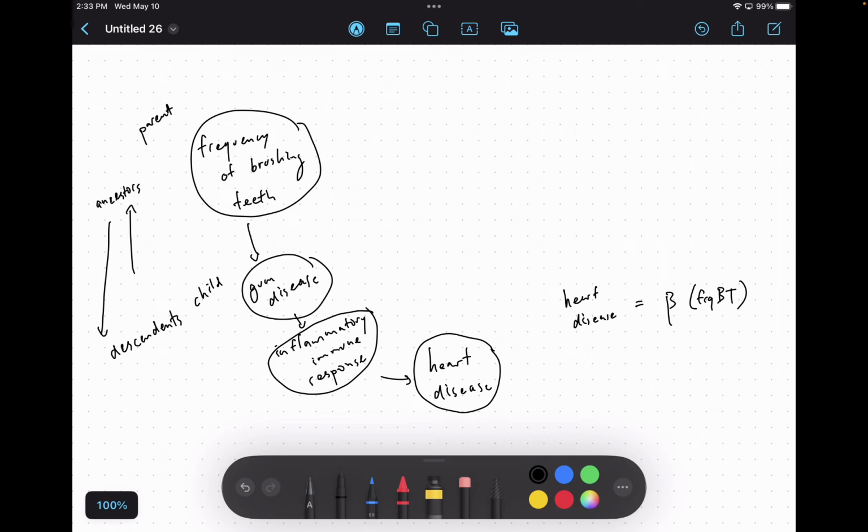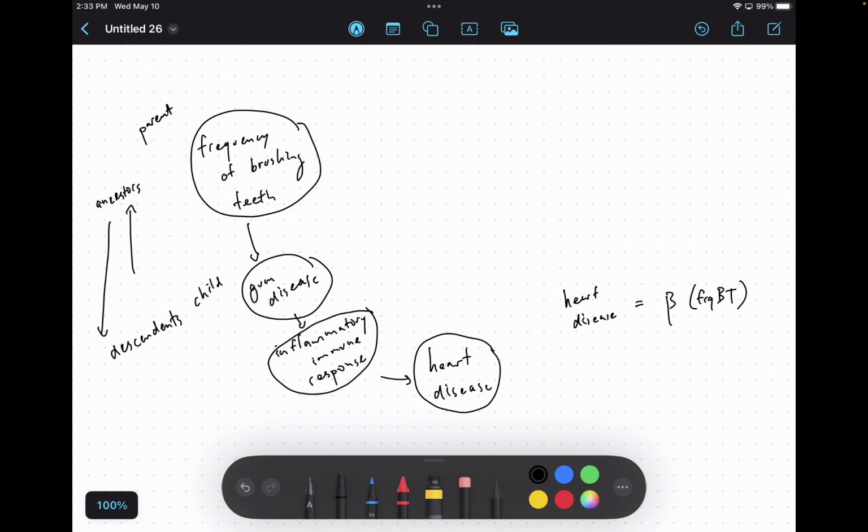If this were a causal effect, then as I change the frequency of brushing my teeth, I would directly affect the amount of heart disease on average, and that effect would be determined by this beta.